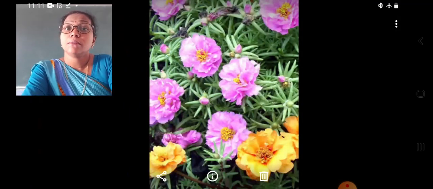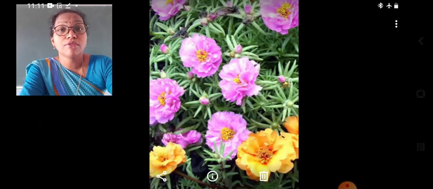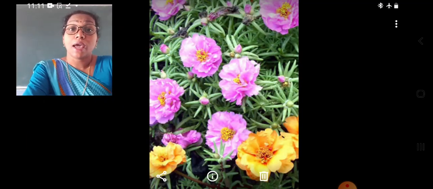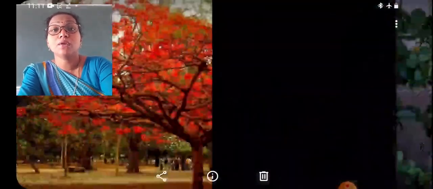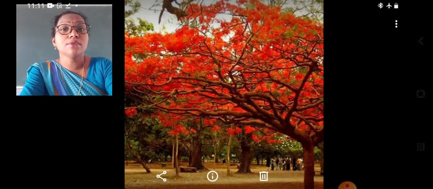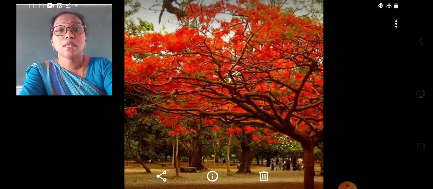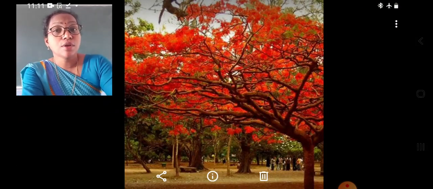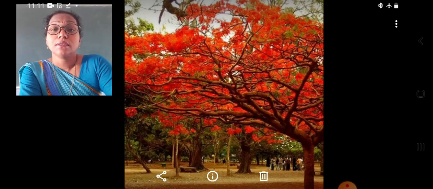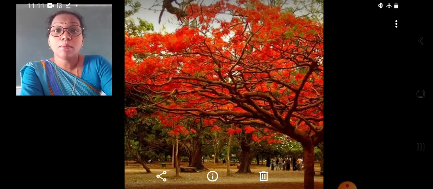The plants, the portulaca flowers, are adapted to light. Then we studied the camel's foot tree and the gulmohar leaves. They droop their leaves at night. That means they close the leaves. Then children, there are some species of cotton. In the morning their flowers are pink.